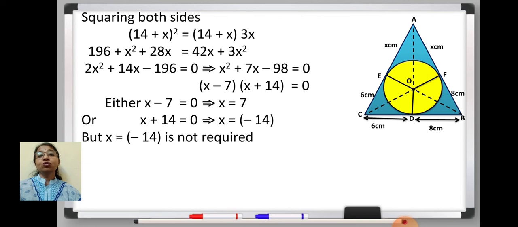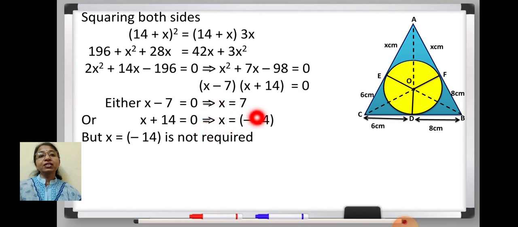When the product of two brackets is equal to 0, that means either the first bracket is equal to 0 or the second bracket is equal to 0. So the first bracket is x minus 7 is equal to 0, so therefore x is equal to 7. Second, x plus 14 is equal to 0, that means x is equal to minus 14.